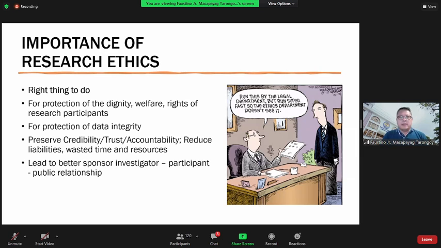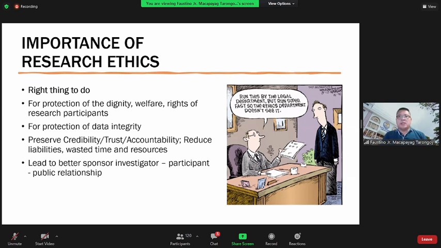And consequently, as you progress in your research work, that trust and credibility enables you to establish strong and reliable relationships with possible sponsors, between the investigator, the sponsor and the participant.